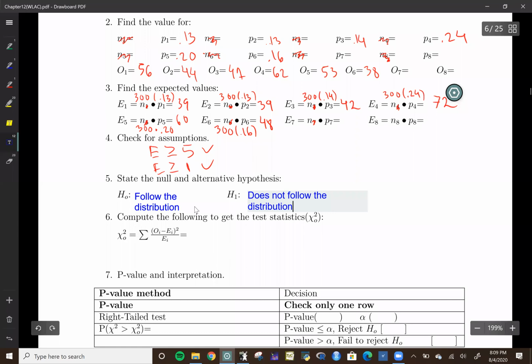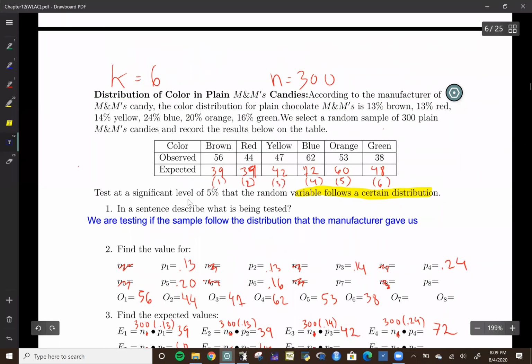All right, so up next we're going to do the goodness of fit test with the calculator, the TI-84. Remember, we're going to put this in L1 and this in L2.